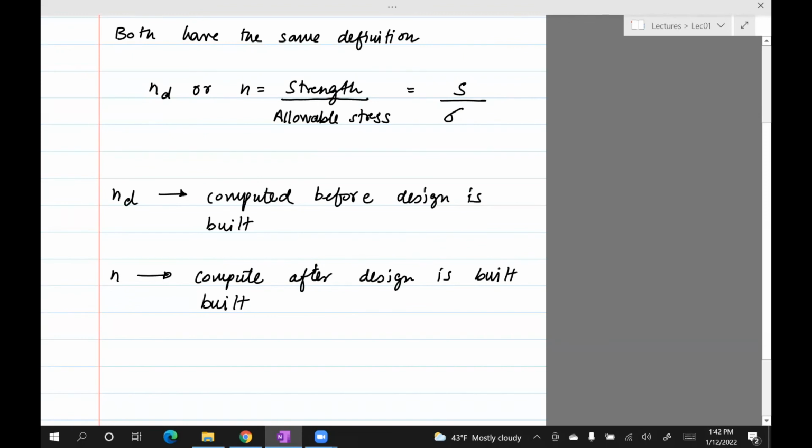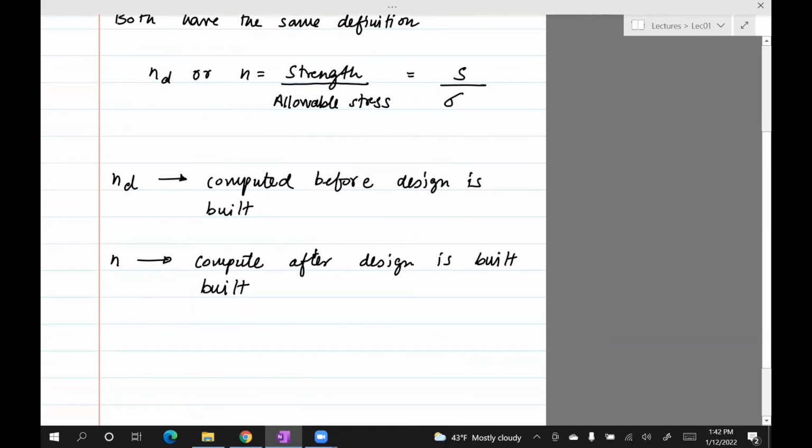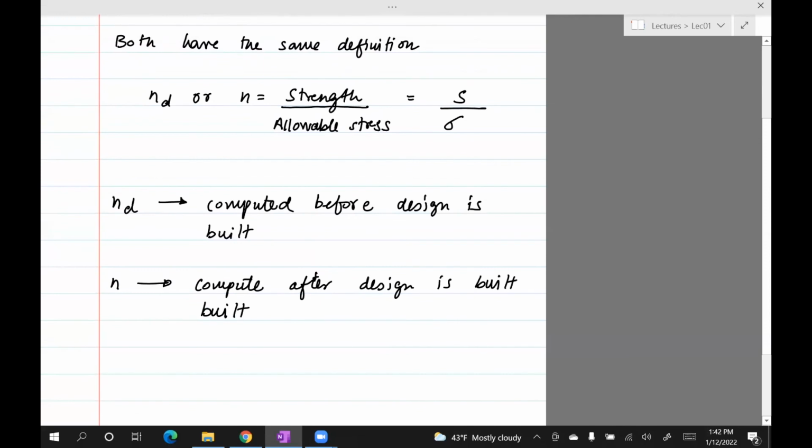Now, you might think, why would there be a distinction? Why would ND not be the same as N? The reason is standardization. When you design something, let's say a shaft, you will get some diameter, let's say 53. If you look at the catalog and see that a shaft of 53 is not available, then you'll have to choose something which is available, probably close to 53. So let's say that a 55 diameter is available.